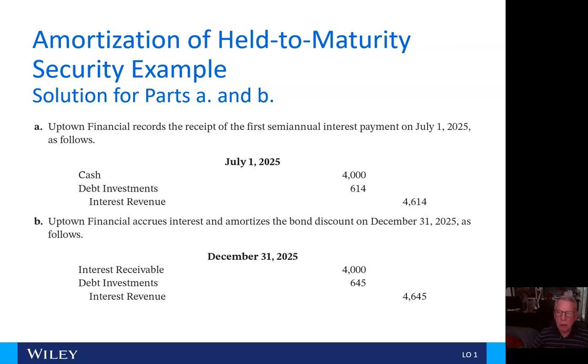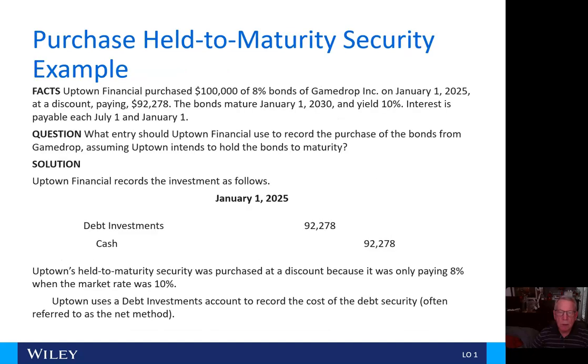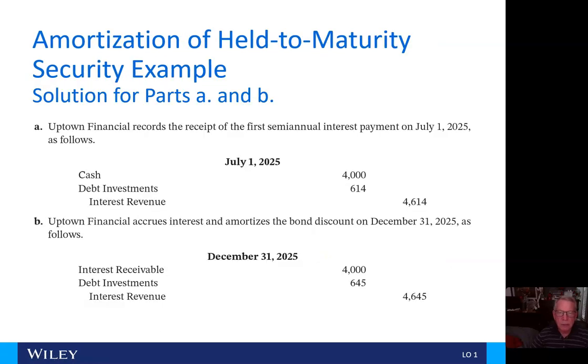And that, we originally recorded that way back here at $92,278. So now we're going to add to that another $614. That's going to drive that debt investment up to $100,000 over the maturity life.